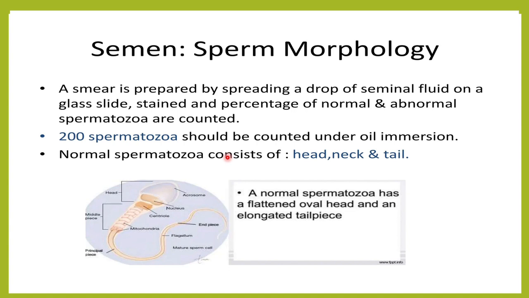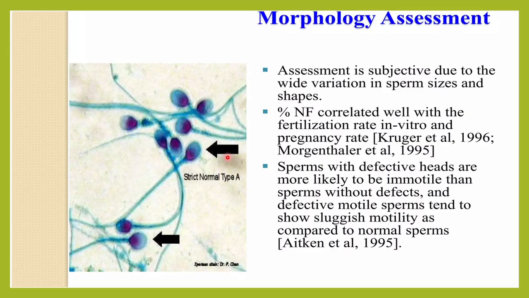As we have seen, sperm morphology is an important factor that contributes to fertility, and counting it properly and identifying abnormal and normal forms correctly becomes very important, especially when you are using artificial reproductive techniques. So assessment of sperm morphology is a little difficult and a little subjective, because what one person might feel is normal, another person might feel is a bit abnormal. That is why the WHO has kept the lower limit of normal sperms at 4%.